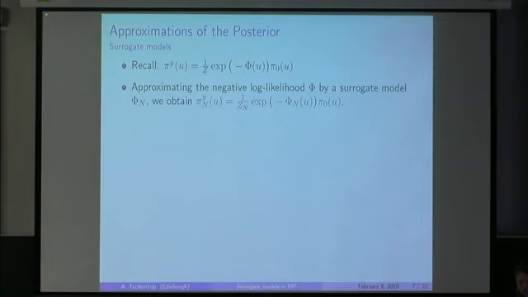The n here is just an approximation parameter which governs the accuracy of your surrogate model. Instead of phi here, we're just going to plug in our approximation phi n. That, of course, gives us a different normalizing constant as well, because we have a different likelihood. Okay. So at this point, phi n is completely arbitrary, so you can choose whatever you like, really.